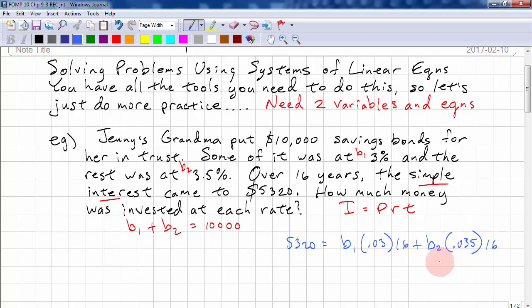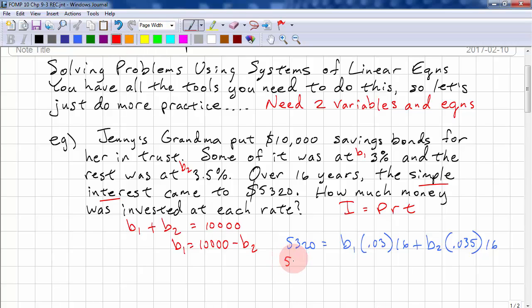Now, you can solve this either way with substitution or elimination, but I think substitution will work well here. B1 equals 10,000 minus B2. We substitute it into here.